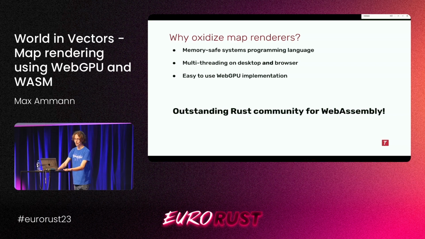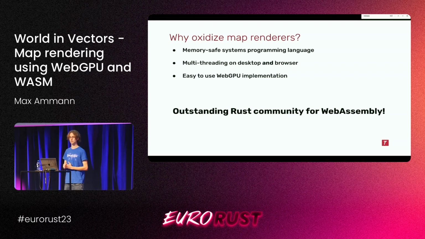So why oxidize map renderers? I just want to repeat this again. Why choose Rust? Rust is a systems programming language. It's memory safe, which is the ideal fit for basically any renderer. Bevy is a good choice, and you can have multi-threading with WebAssembly, which is also very nice. But maybe the most important thing is community.